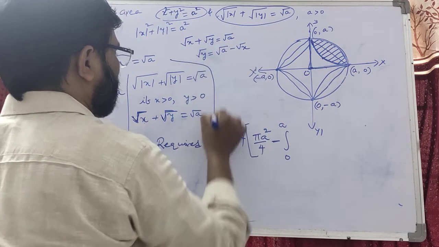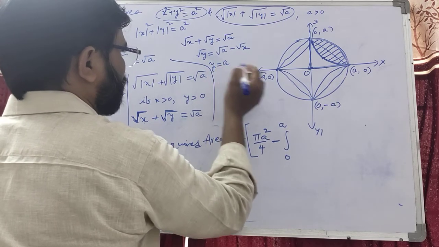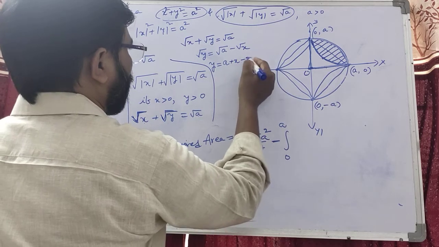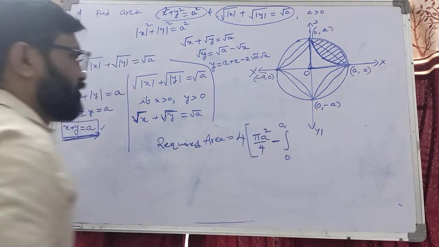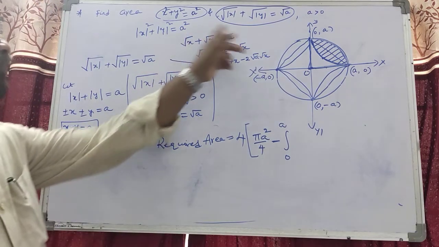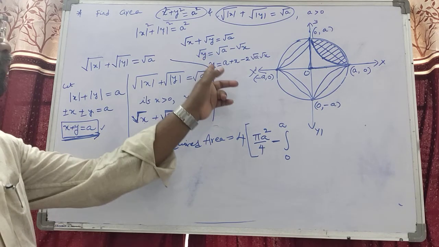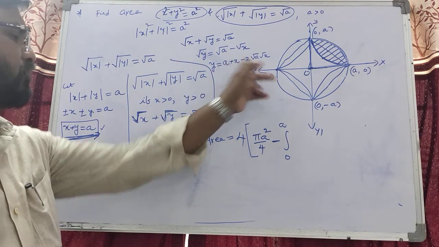Dear students, squaring on both sides, (a minus b) whole square is a square plus b square minus 2ab. First we send root x to the other side, that is root a minus root x. After squaring on both sides, this is y, this is a, this is x, minus 2 root a root x.